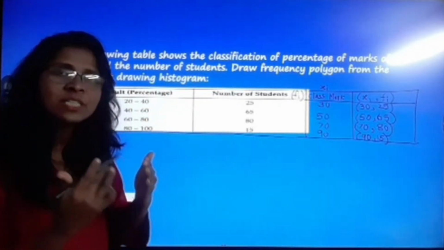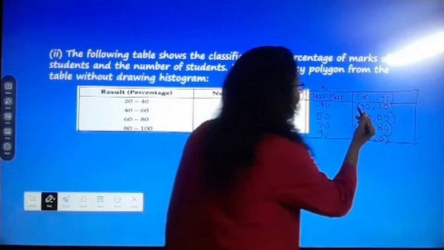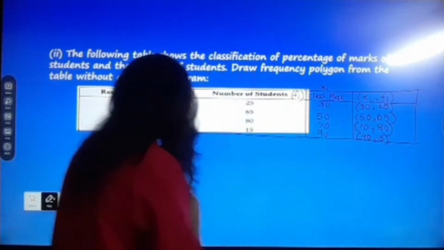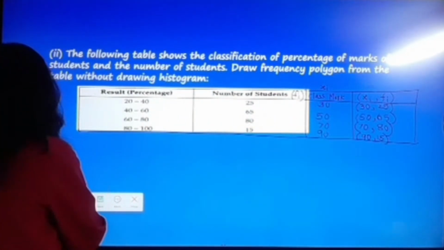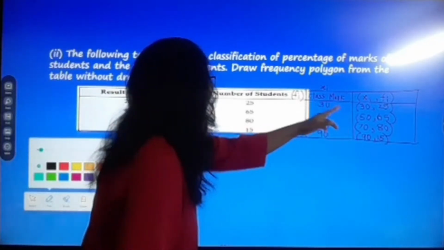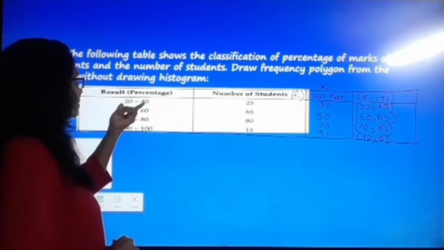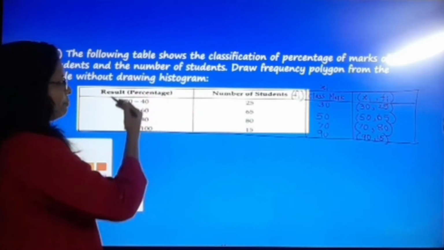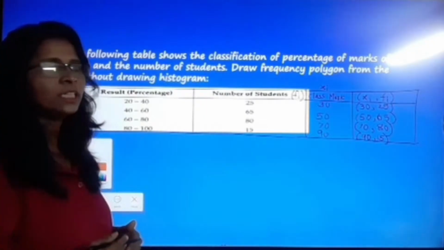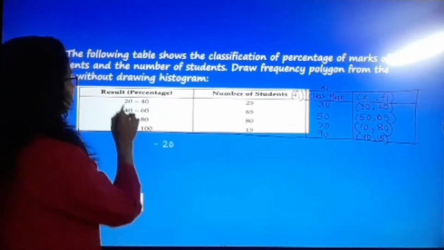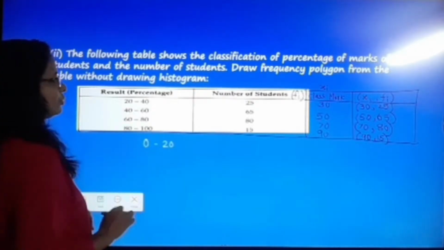So the first xi fi will be here, students. The class width is 20, so before 20 to 40 it will be 0 to 20.